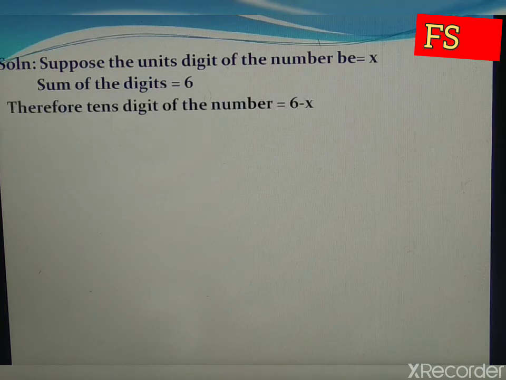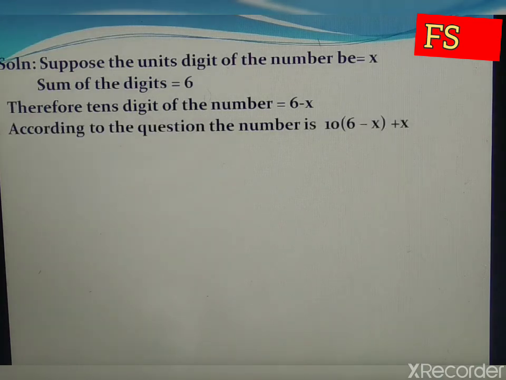Therefore, the tens digit of the number will be 6 minus x. Now according to the question, the number is 10 into 6 minus x plus x. Why have we taken 10 over here? Because this digit is in the tens place. So we have taken 10 over here.